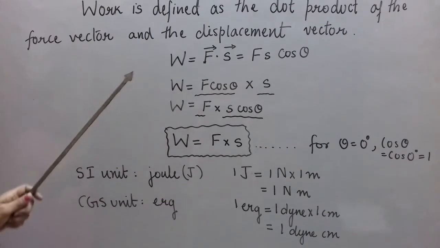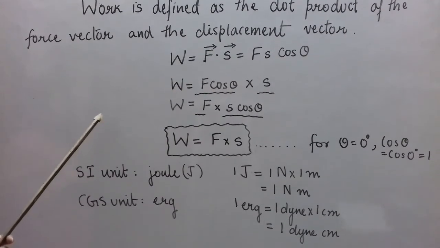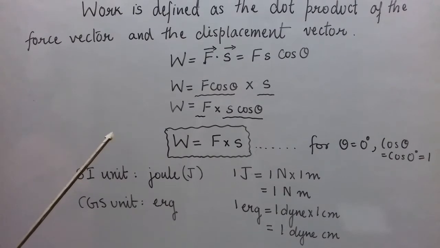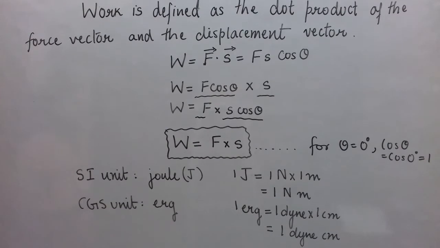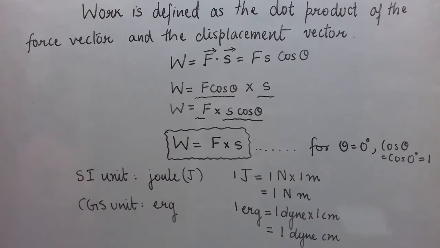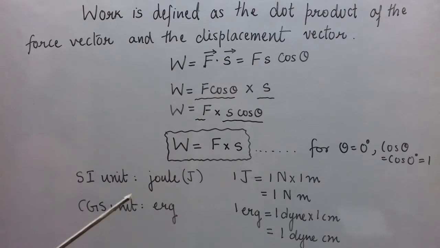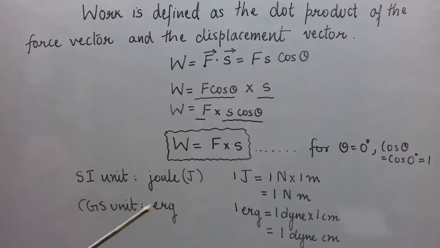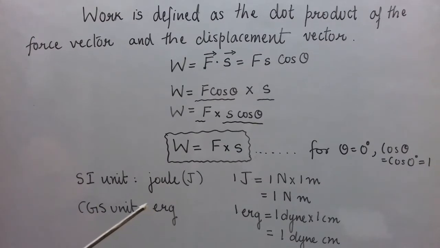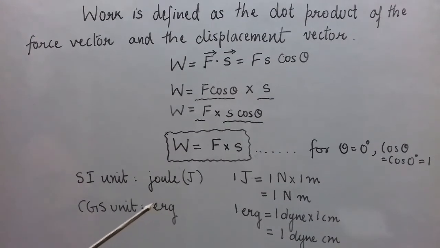Now, when we add two or more vectors, the answer that we get is called the resultant of the given vectors. Suppose we are adding two vectors and we get a third vector; the third vector is the resultant of the first two. Similarly, a given vector can be resolved into components in different directions.